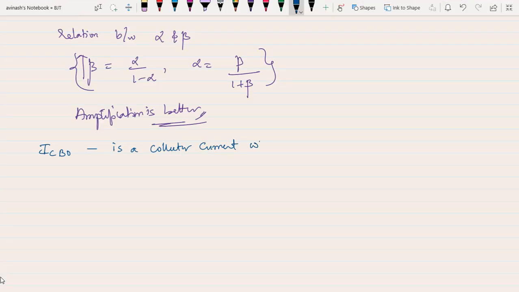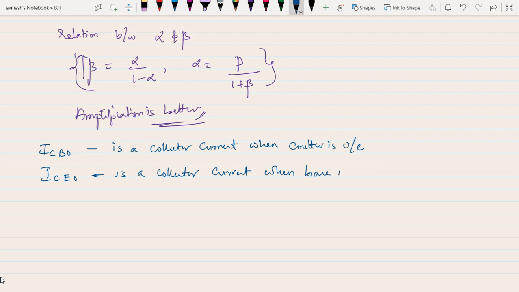In the same way, ICEO, or IC E naught, is the collector current when the base is open circuit.